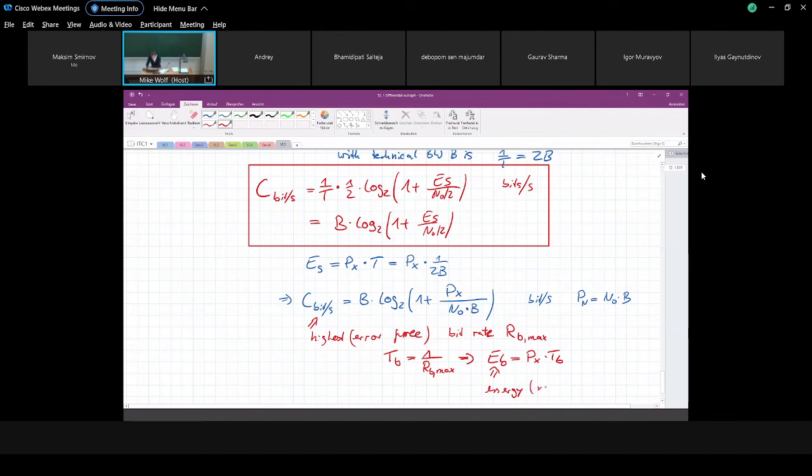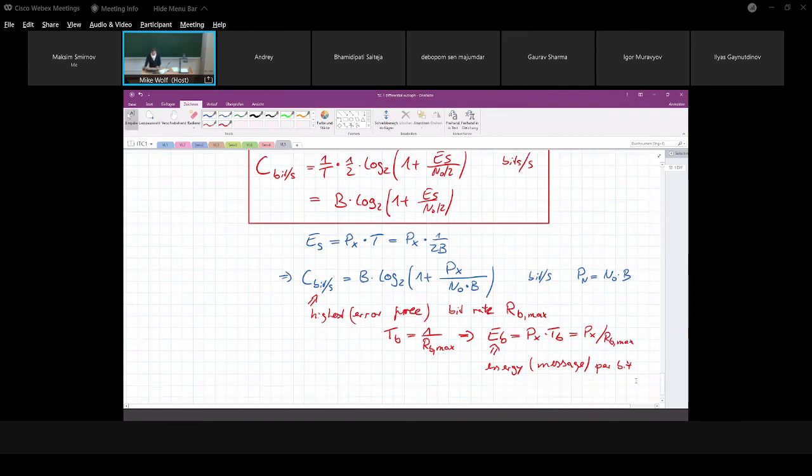In reality, if you take a look in books, you always say this is the energy per bit. This is just energy per bit, nothing more. But it's always related to message bits. And now you could say this is Px divided by RB, right? It's the same.